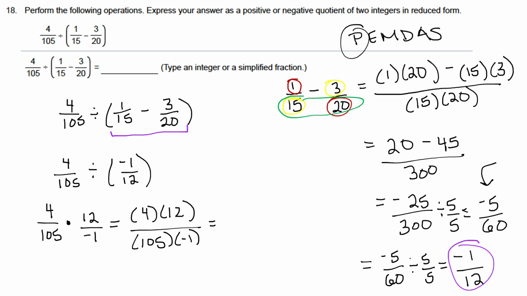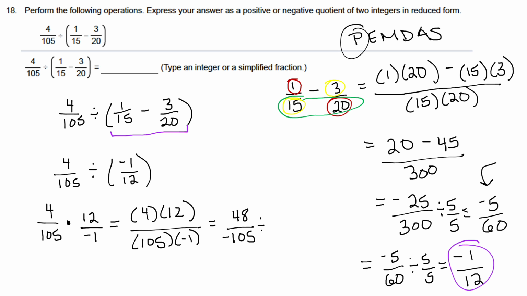4 times 12 is 48. And 105 times the negative 1 is just negative 105. That's my answer, but I want to simplify it. So you can use your calculator to assist you to find a number that evenly divides into 48 and 105.